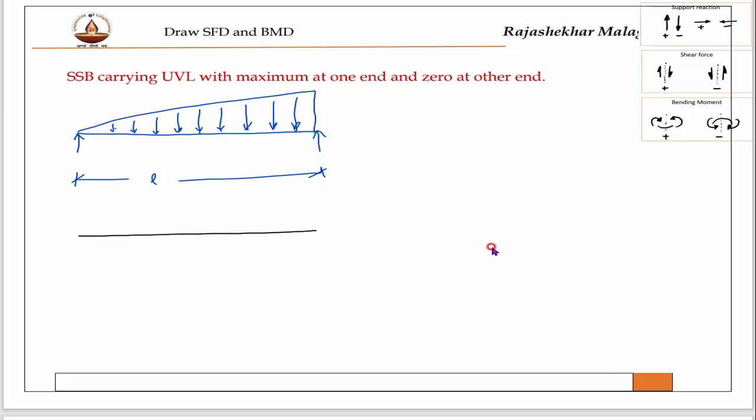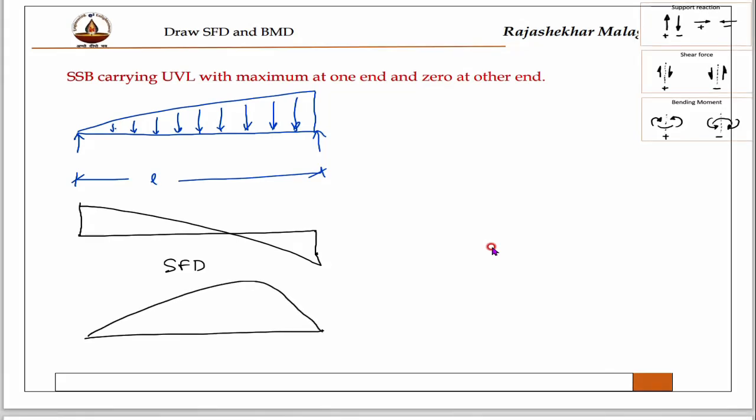I will give you the shape. The shape is, this is your shape for shear force diagram. Then for maximum bending moment diagram, okay, then it is your duty, because it is 0 here, there I should get a maximum point.